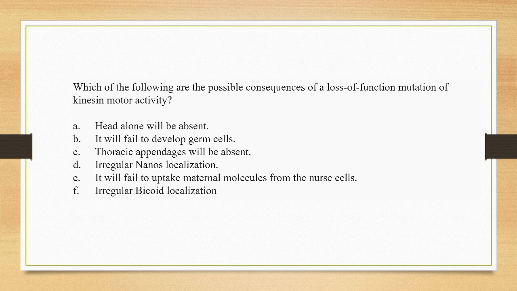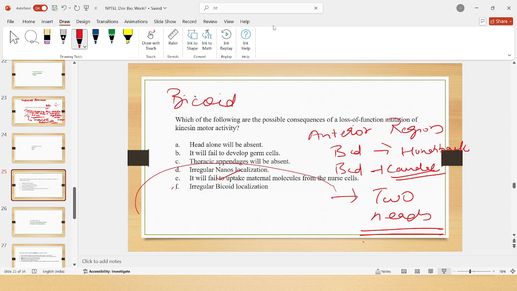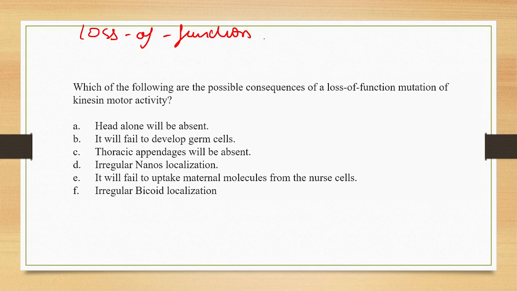Now, what happens if there is a loss of function mutation of kinesin motor activity? Loss of function mutation means the kinesin protein is mutated in such a way that it no longer can function to transport the proteins.